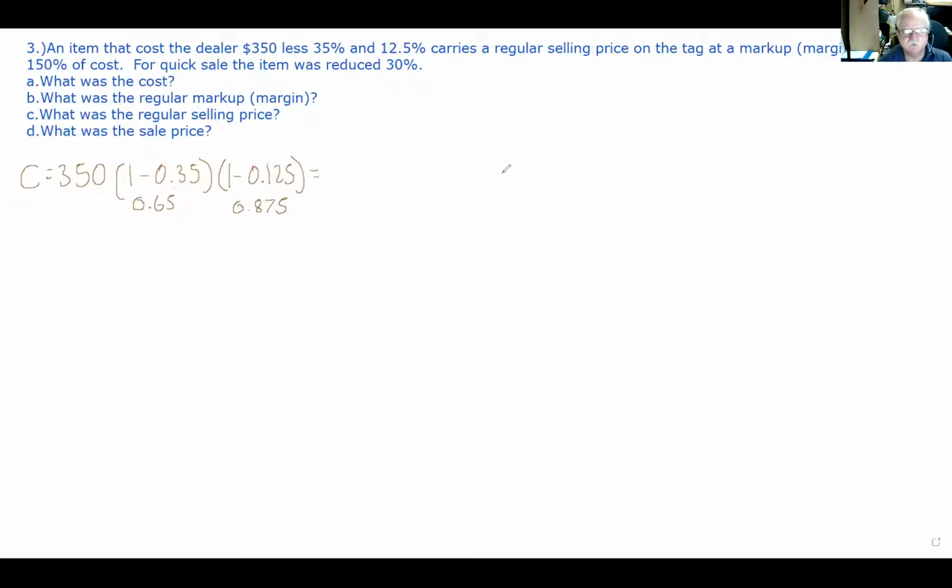Oh, good. 0.875 is good. So we can multiply this out to find out what their cost is now. 350 times 0.65 times 0.875. And I too am getting 199.06. It's got to be 2 decimals because it's money. So that would be their cost.